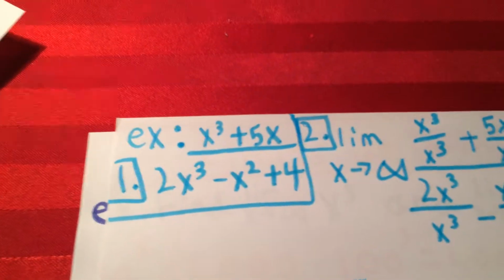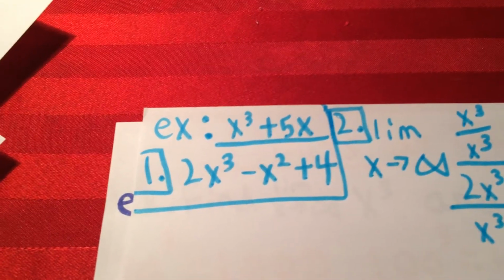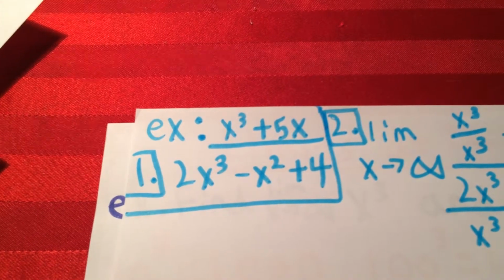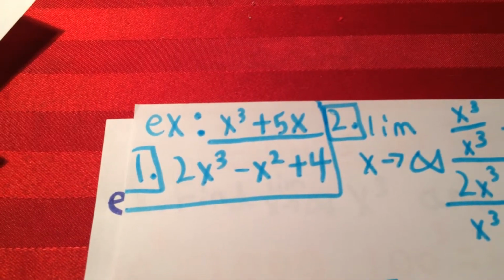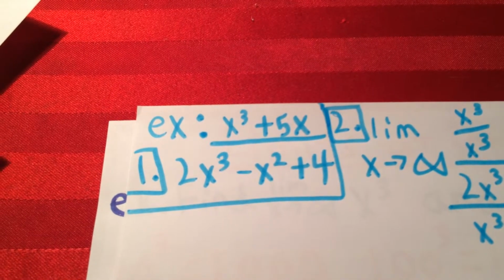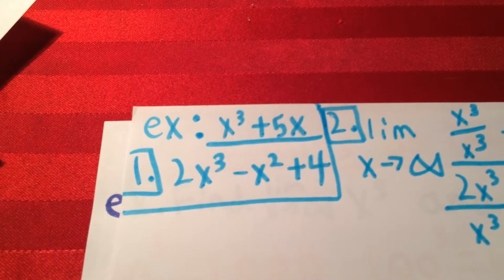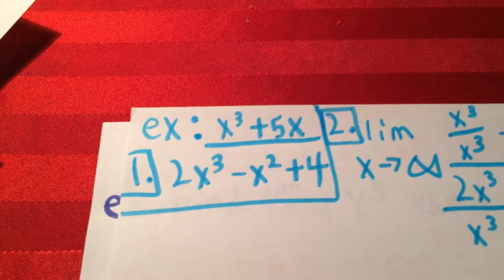Find the limit as x approaches infinity of x cubed plus 5x over 2x cubed minus x squared plus 4. Well, to evaluate an equation at infinity, you have to divide the numerator and the denominator by the highest power of x in the denominator.